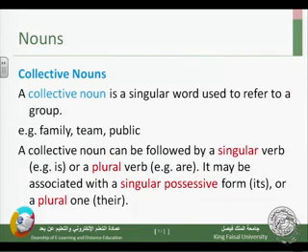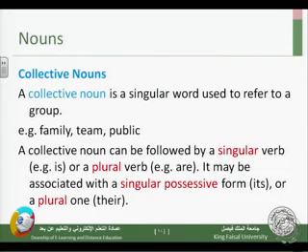So family members are a number of people, and we use one word in the singular to refer to this group, family. Team can also refer to a group. Team refers to individual players, but we can use this one word in the singular. We don't need to make it plural to refer to the whole group. And public functions the same as well.